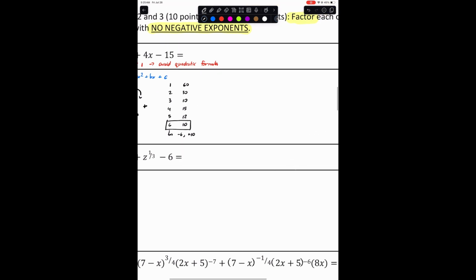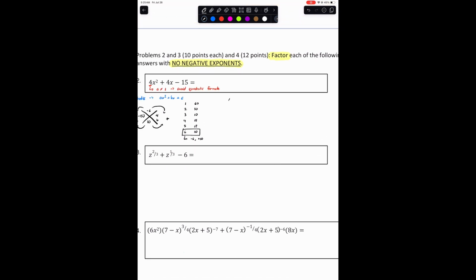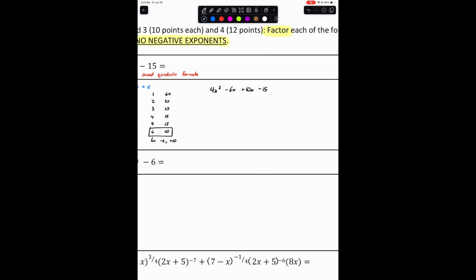So now I'm going to take my expression and split it up as I said. So negative 6x plus 10x. If you add these together, you get 4x back, which is correct. Minus 15. And now all we have to do is group each of these. On the left hand side, we're going to take out a 2x.